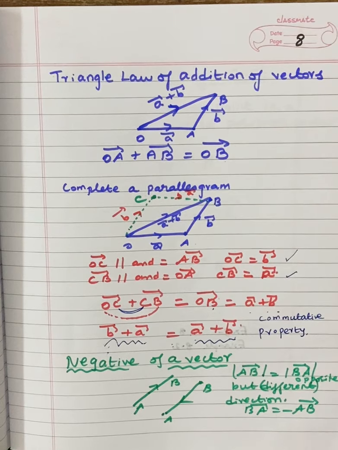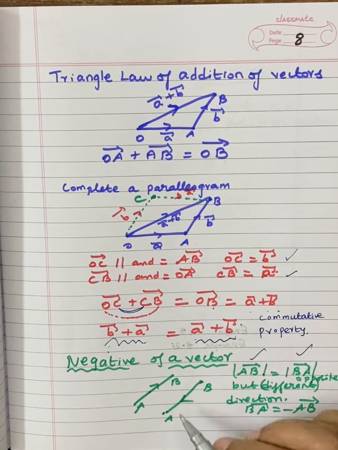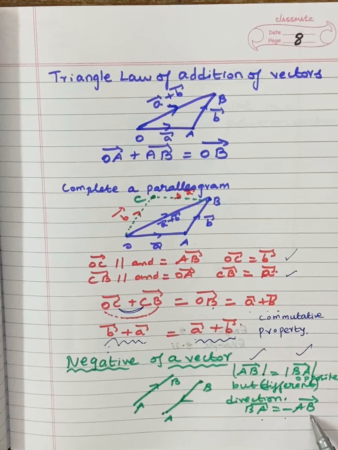Okay. Negative of a vector. I have taken two directed line segments. Both are equal in length. Magnitudes are equal, but direction is different. This is from A to B. This is from B to A. Direction is different. So BA vector can be written as minus AB vector, because their magnitudes are equal, only direction is opposite.